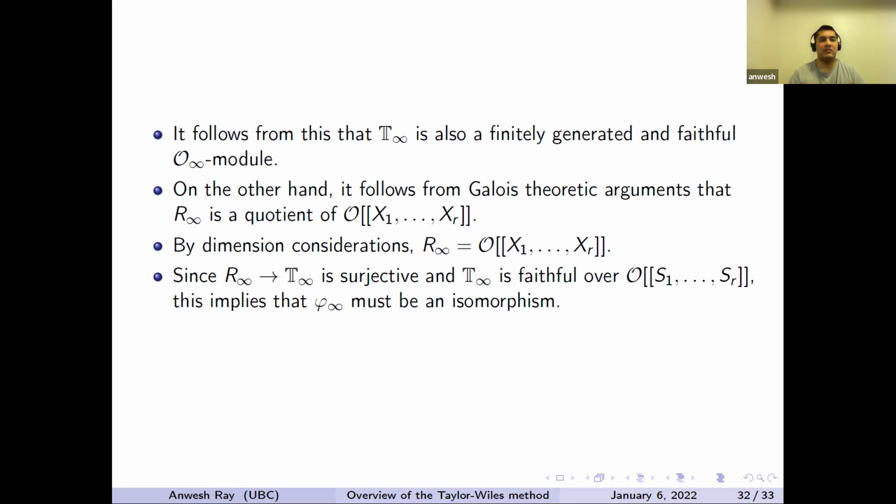So you try to understand the difference between these deformation rings in a certain sense, and the difference between the Hecke algebras in a certain sense. And so you have an isomorphism between the minimal deformation ring and the minimal Hecke algebra, and you try to propagate that to the non-minimal case as well. And then when you have this isomorphism between R and T, that's where the modularity actually comes up.